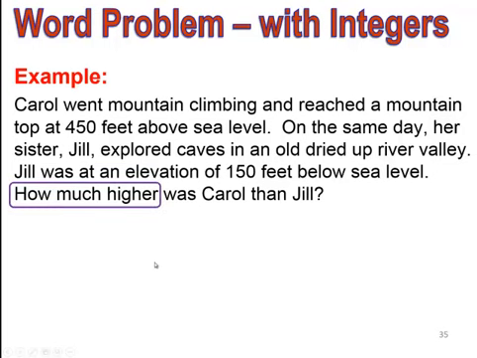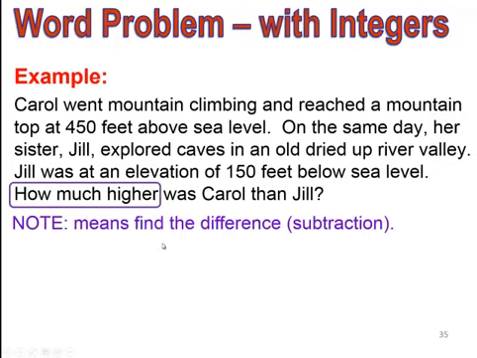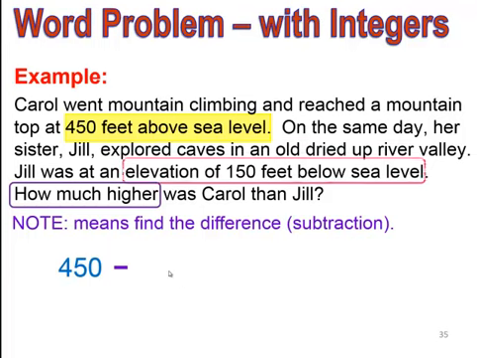What we do know is that there's a difference here between where Carol is and where Jill is. So that means that we're going to be subtracting. So we have 450 feet above sea level, and then Jill is below sea level, so she is down by 150 feet.